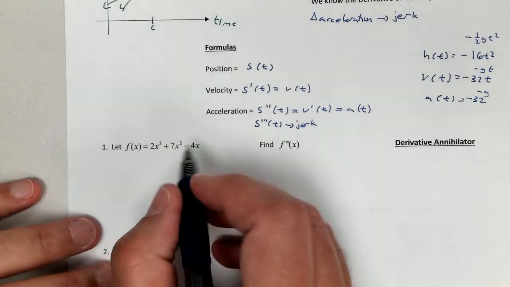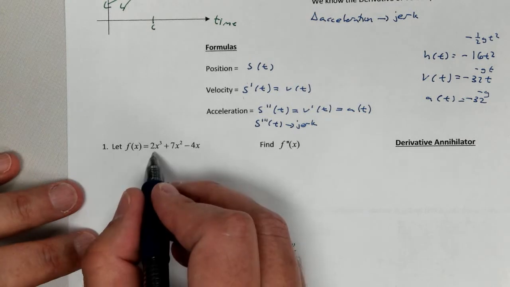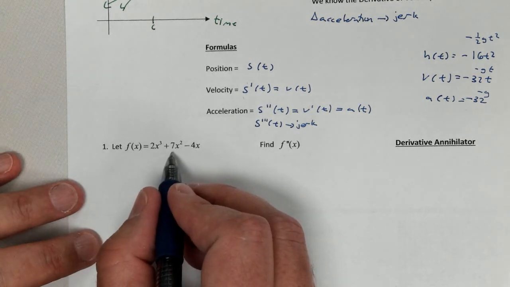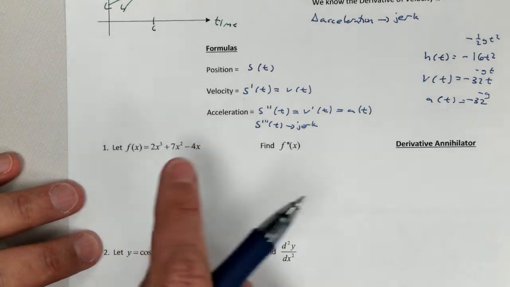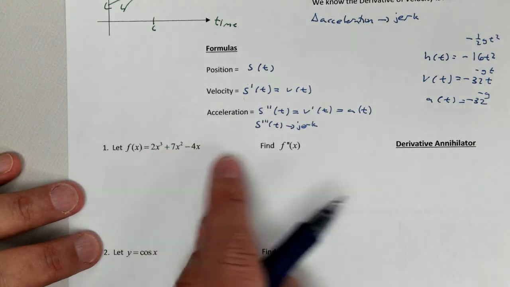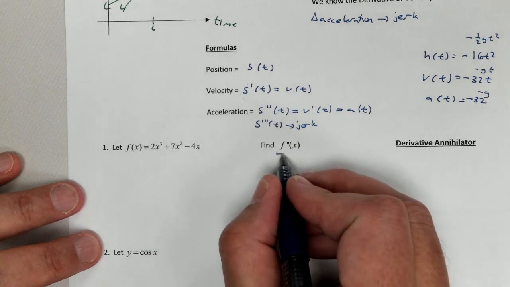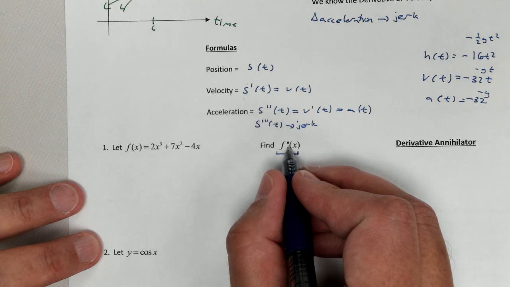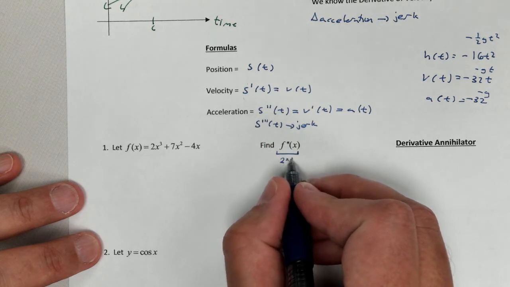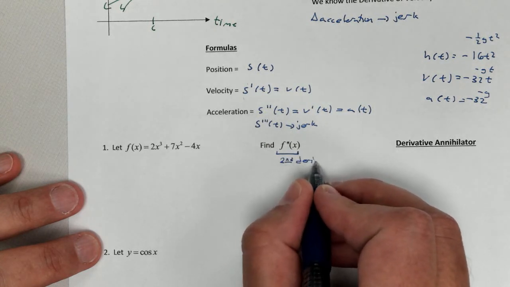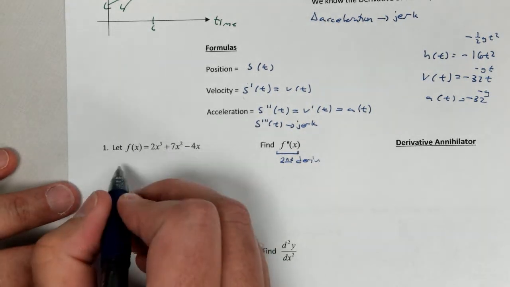Here we have the function f of x equals 2x cubed plus 7x squared minus 4x. And what we're asked to do is to find the second derivative. I know I'm looking for the second derivative because it's this f double prime. This says, find the second derivative. I can do that.